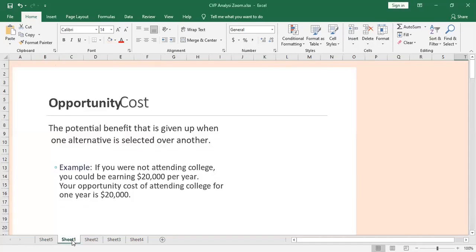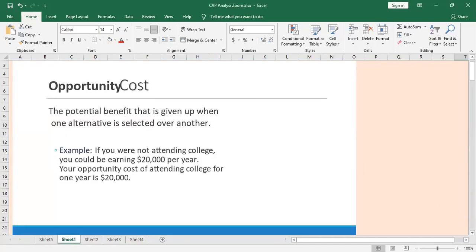So first, I will go with opportunity cost. I think we all know what opportunity cost is. Opportunity cost is the value that we forgo, or the value that we will have to sacrifice because we are selecting an alternative opportunity.